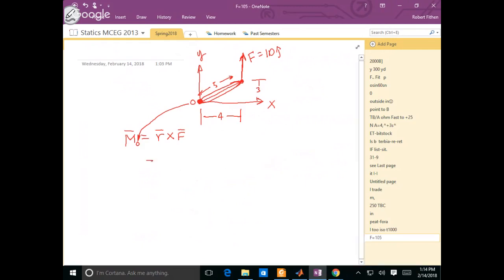So if I list this thing, just go in and do it, leave myself plenty of room, I end up with this. Then my R, I take my first, so what I'm doing is R cross F, take my first R, it looks like I got a 4, looks like I got a 3, looks like I got nothing.